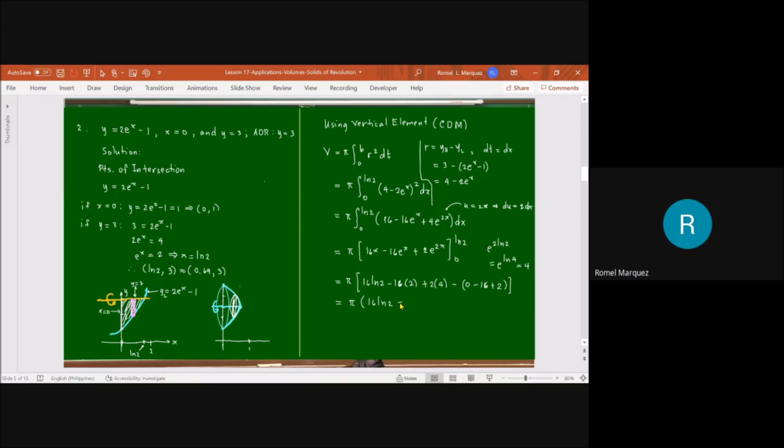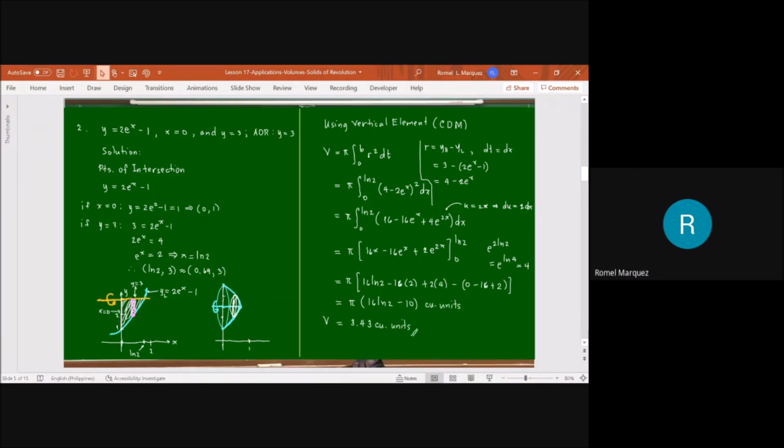Minus negative 16. Guys, compute please. Times 2 plus 8. This is negative 14, no? Plus 14. So that is negative 10. Am I correct? So what's the approximate value? So the volume is approximately, could you please check, guys?